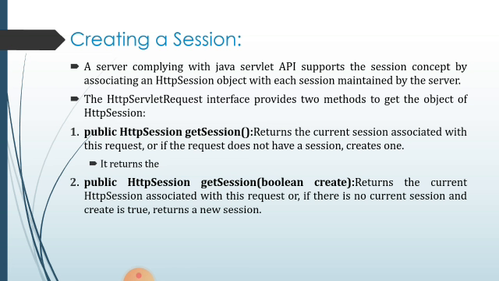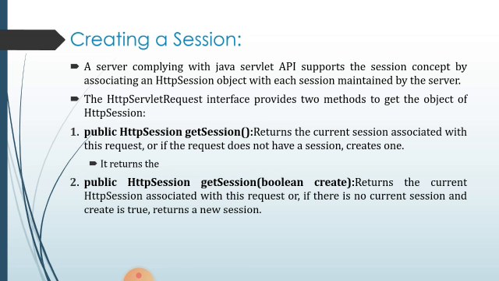the next method will handle it, that is getSession(boolean create), which returns the current HttpSession associated with this request, or if there is no current session and create is true, returns a new session. Got it? So if there is no current session ID during the communication between the client and server, it will create a new session ID.